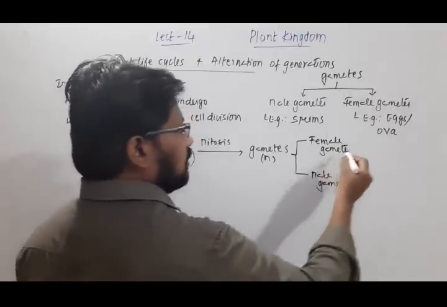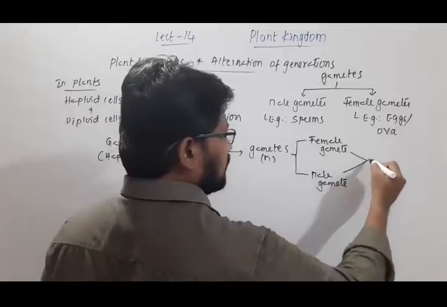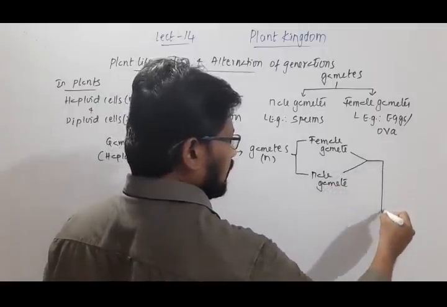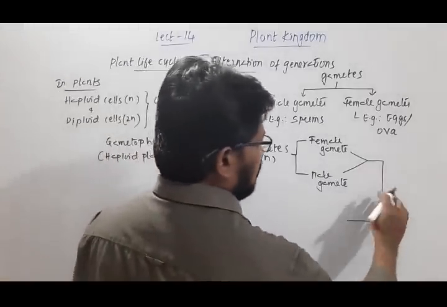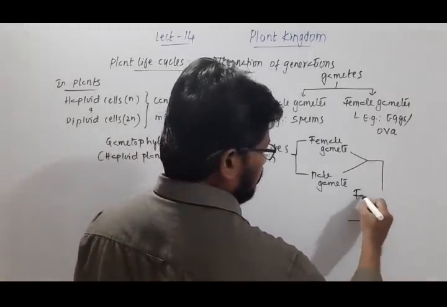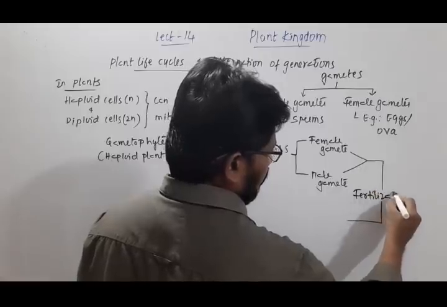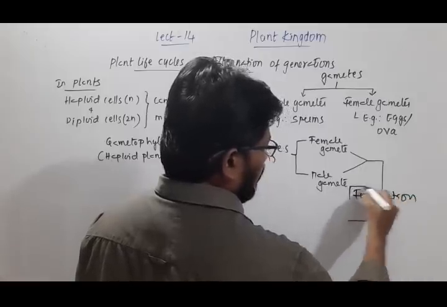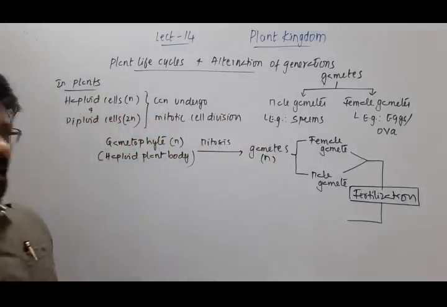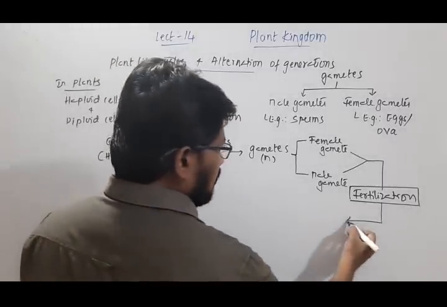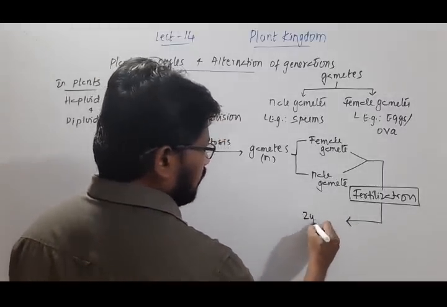So these male and female gametes will unite together, and that is fertilization. So union of the male gamete and female gamete is fertilization, and this results in the formation of a zygote.